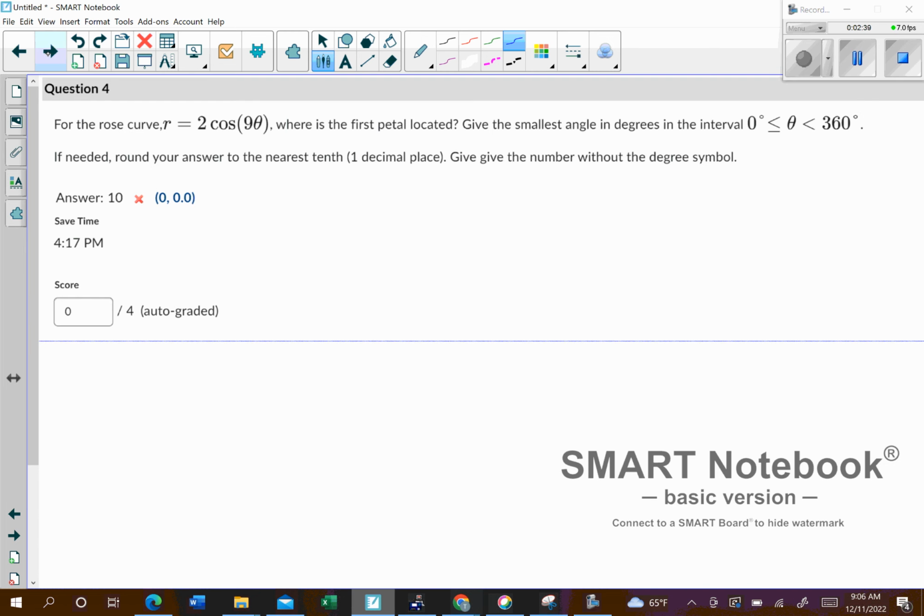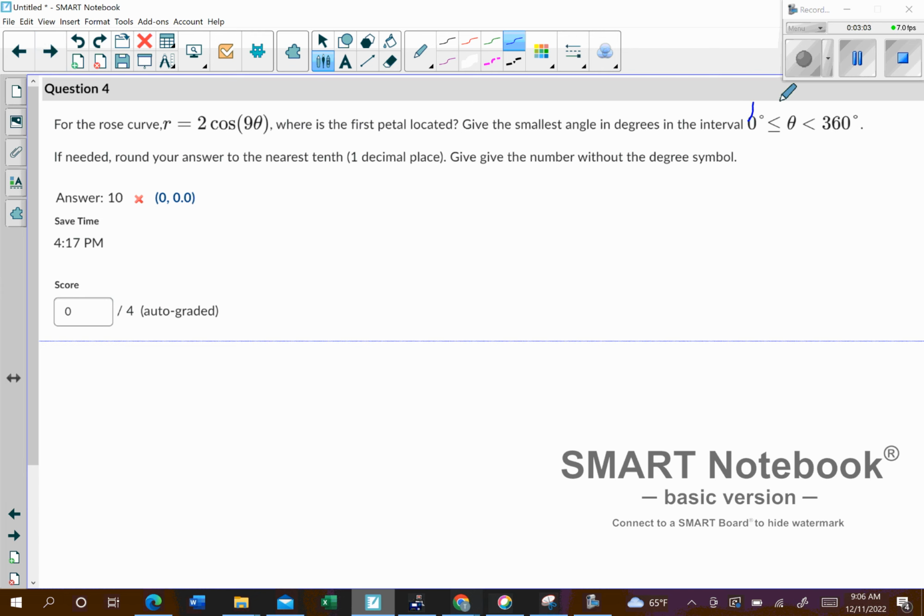Then you had a question about number 4 here on the polar coordinates, the graphs. And so right here it says, okay, so for the rose curve, r equals 2 times cosine of 9 theta, where's the first petal located? Give the smallest angle in degrees. So here's our parameters.